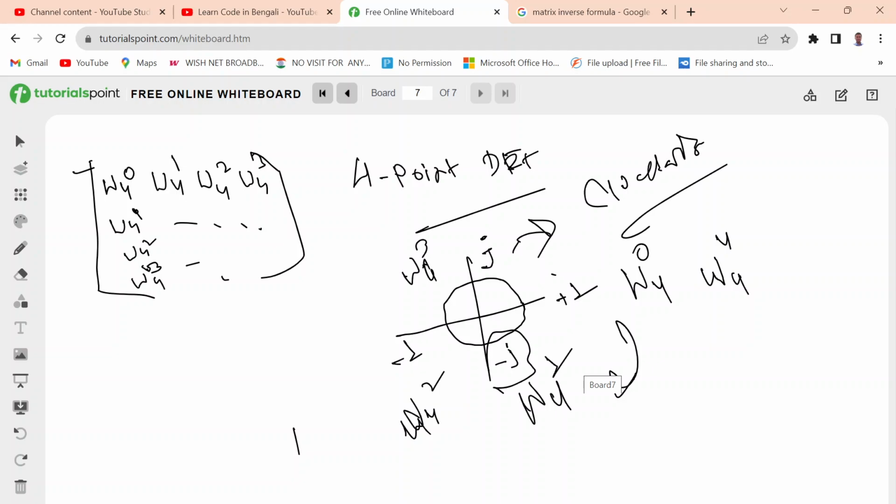W4^1 is j over W4^0. What have I done? What mistake happened? W4^0.